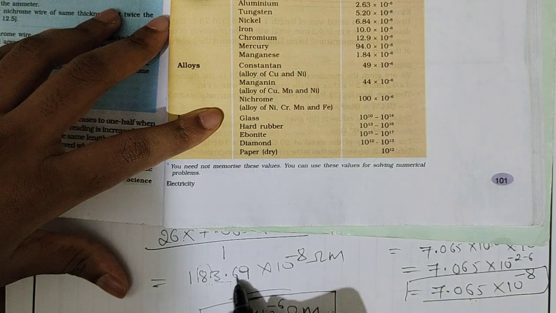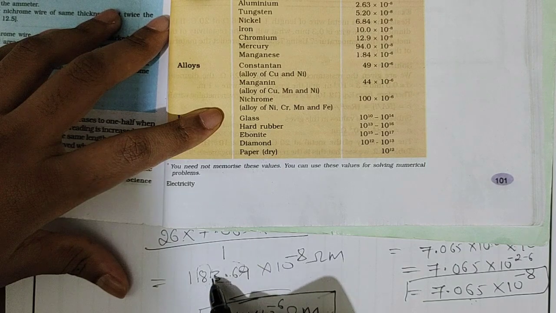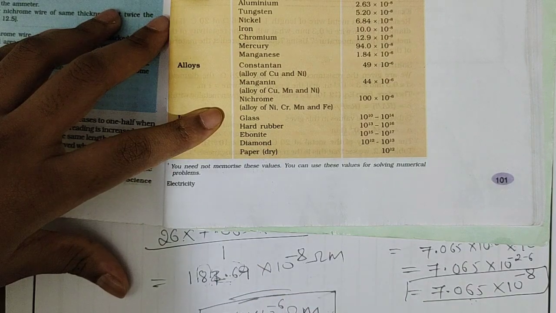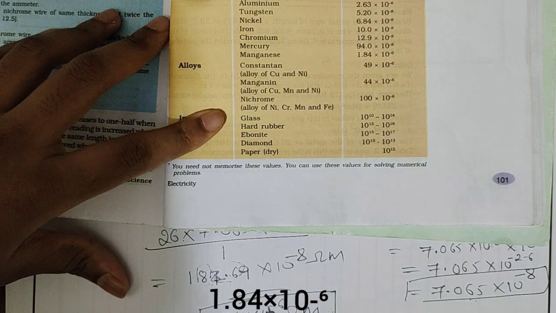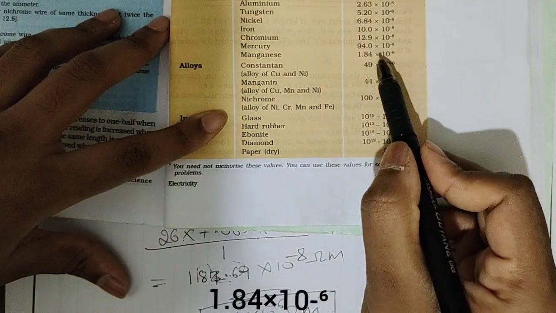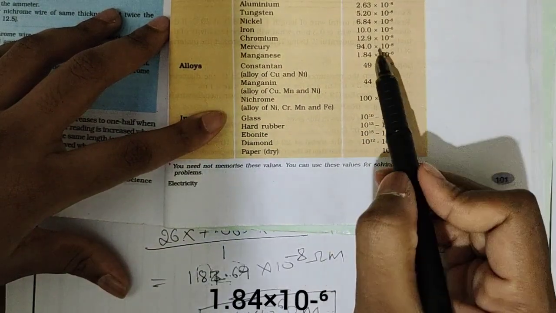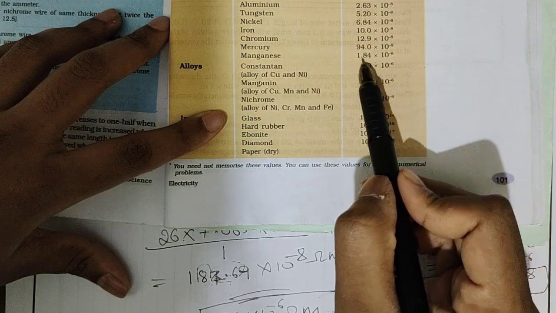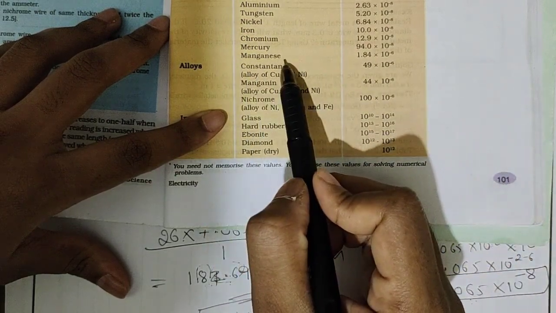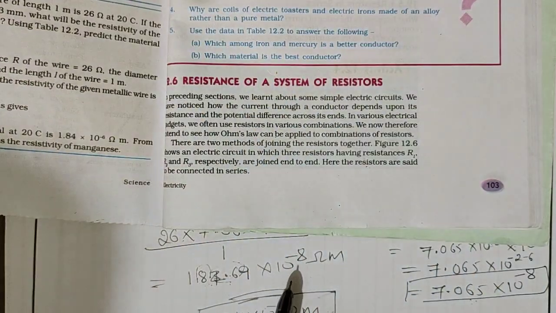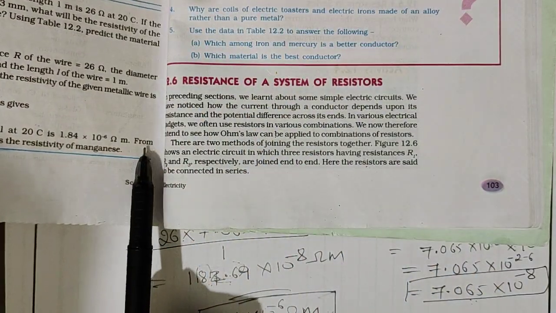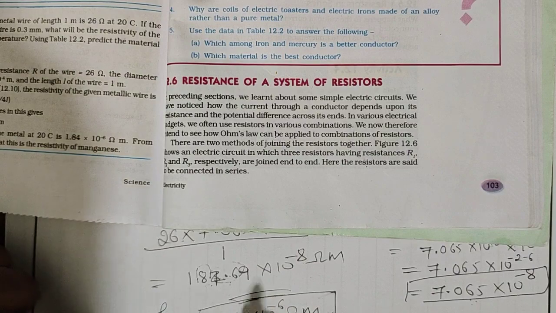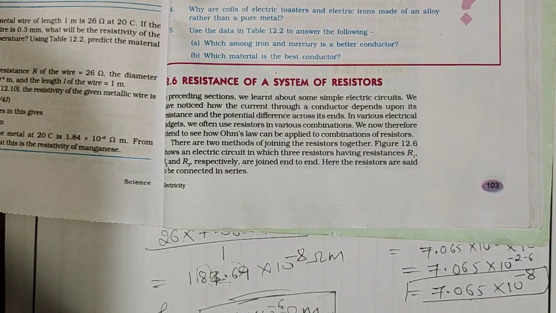Or by rounding this one, they wrote 184, or maybe we have some mistakes in calculation. Do it properly. Here only we may get 184. So here we got 1.84 into 10 to the power minus 6, which is here, right? So these values are matching. Now just to see, this value is of which material? That is manganese, right? So what is the conclusion? From the table, we can say that this is the resistivity value of the manganese element.